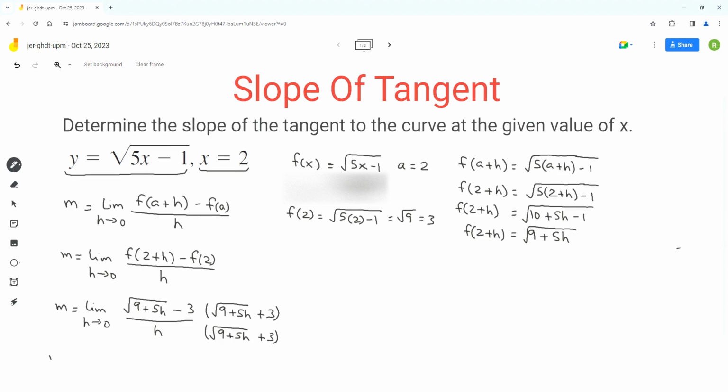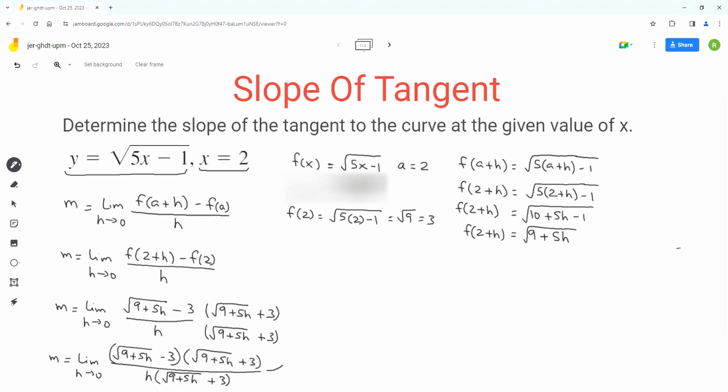So in the next step, we can write limit h approaches 0 of square root of 9 plus 5h minus 3 in parentheses times square root of 9 plus 5h plus 3, over h times square root of 9 plus 5h plus 3.